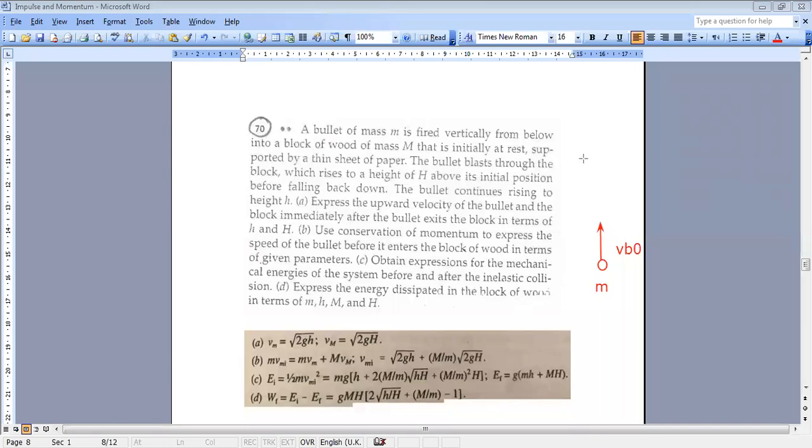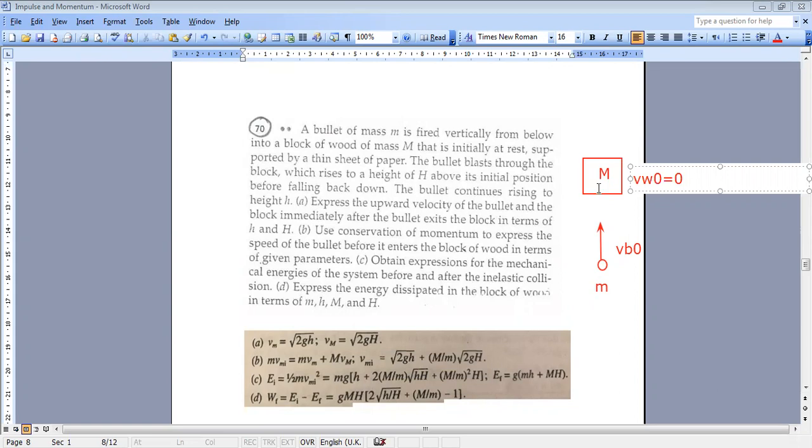So this is the wood block. Its mass is big M, and it is initially at rest. Let's call V wood the velocity of the wood block, V wood 0 equals 0. Now what will happen when the bullet collides with the block?